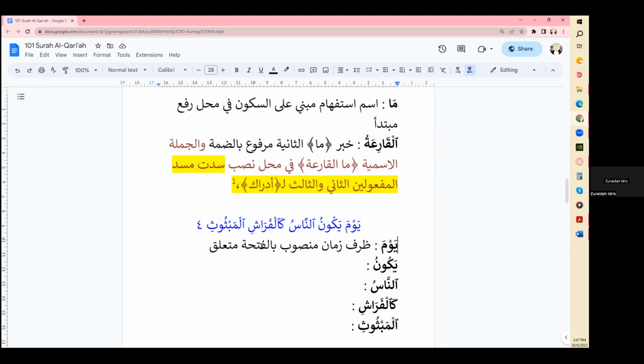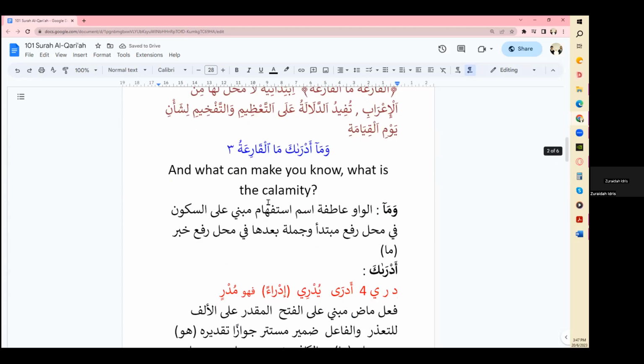But because it is mansub, it is actually a fi'il, but we are going to estimate it, the same way I estimated for the other one.